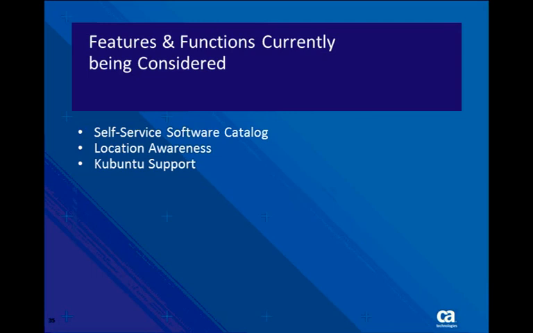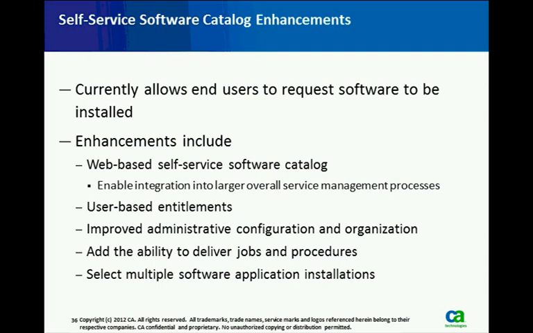Now, I wanted to just take a few minutes and talk about features that are on our next release list. This would be the release after the feature pack this summer. So we wanted to add some self-service software catalog enhancements. The main enhancement that we want to implement is a web-based self-service software catalog.